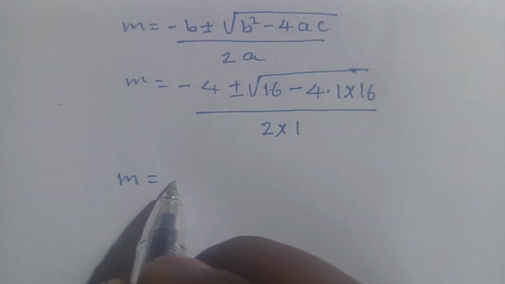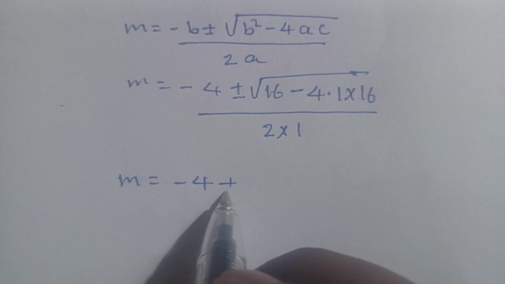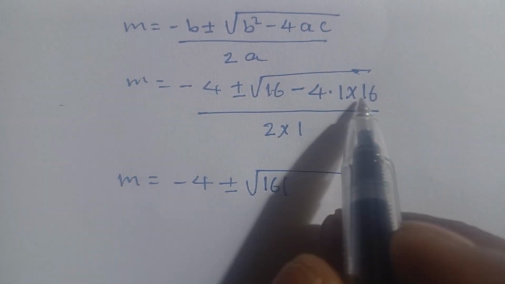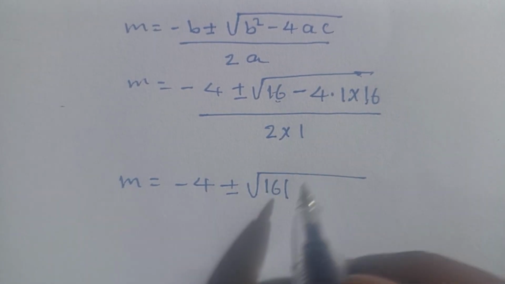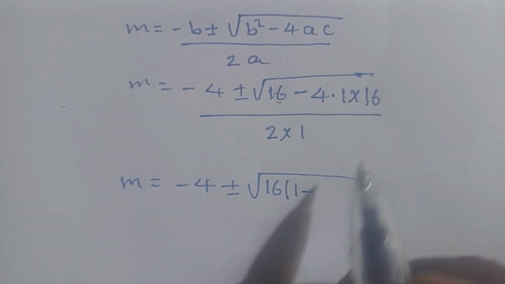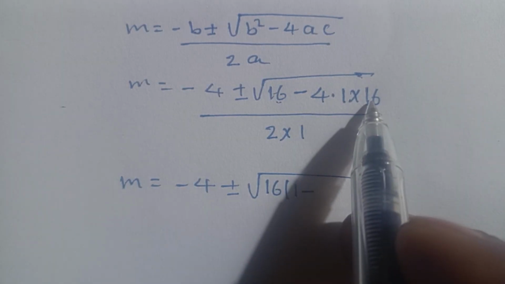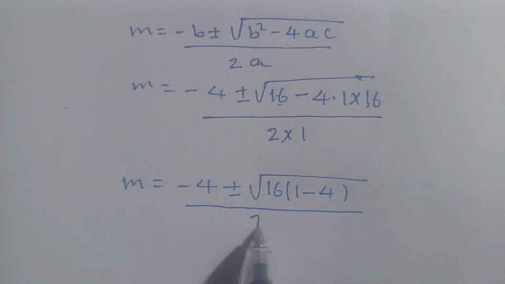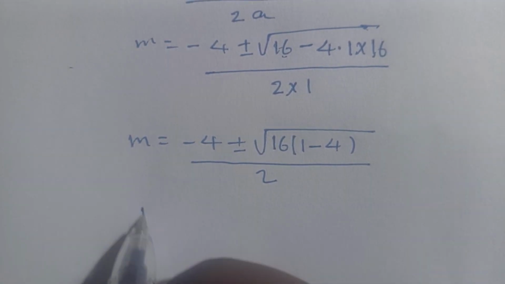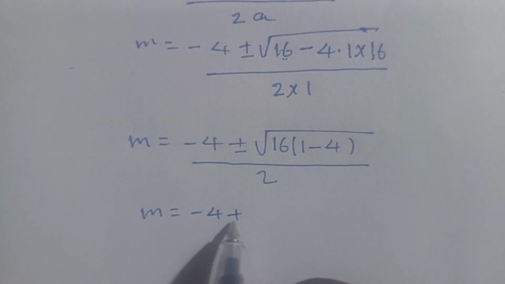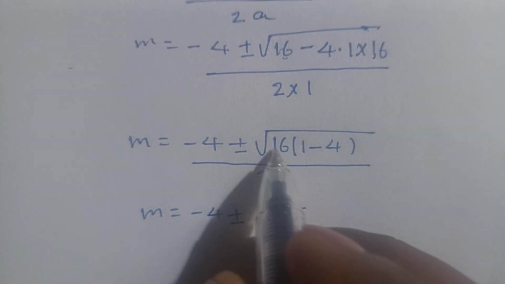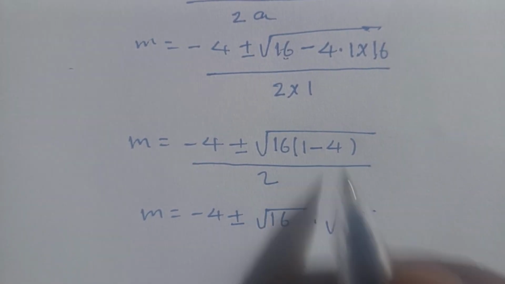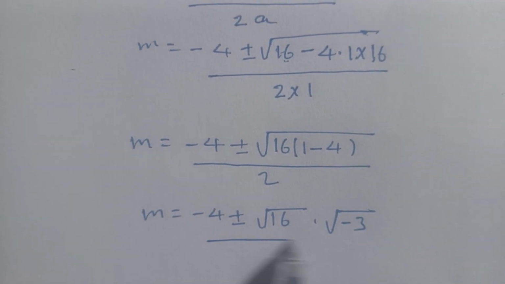M equals minus 4 plus or minus the square root of 16, taking 16 common, 16 times 1 minus 4, minus 3, divided by 2.